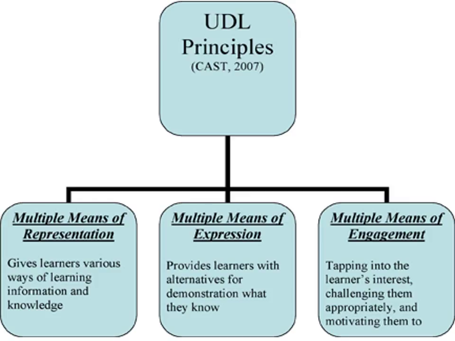Universal design for learning takes these principles of universal design and applies them to learning environments by focusing on three main areas: multiple means of representation, multiple means of expression, multiple means of engagement. Multiple means of representation really means giving learners various ways of learning information and knowledge.